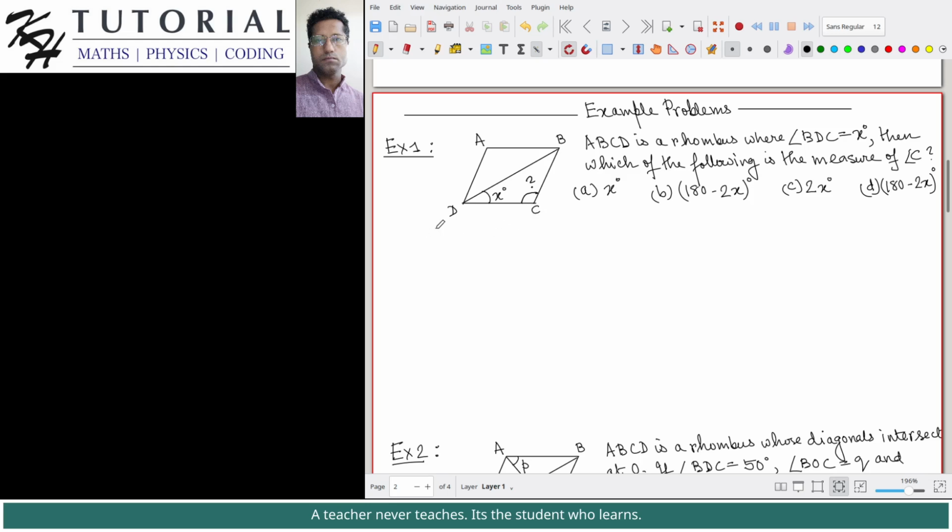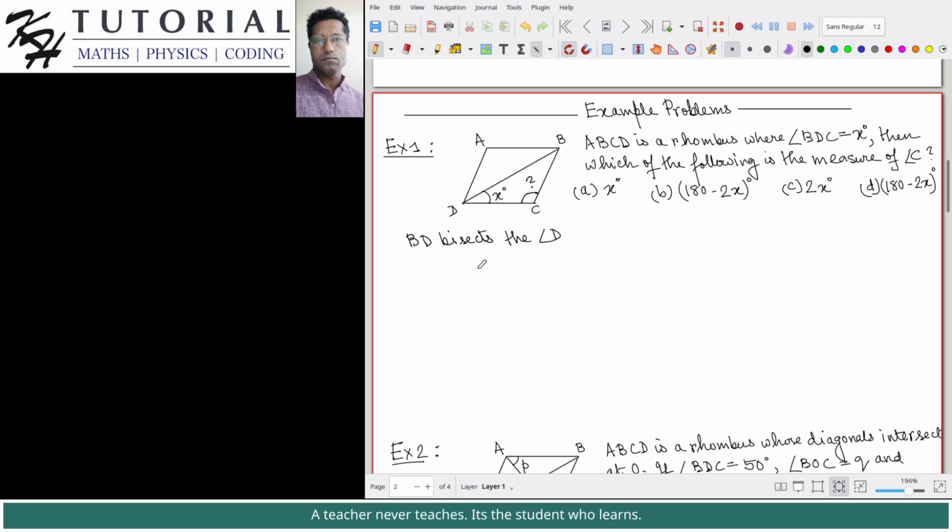We know that BD is a diagonal and BD bisects the angle D. We know that a diagonal in a rhombus bisects the angles of the rhombus.